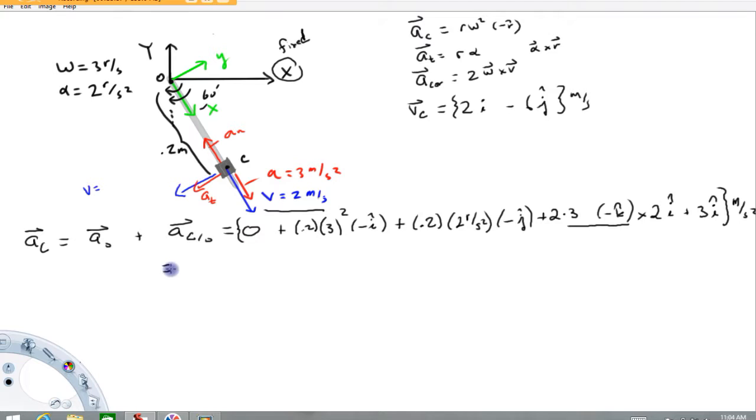All right, equals. I'm going to go ahead and clean this up. I've already gone through and calculated these values, so I'm just going to copy the values that I have here. Give me just a moment, I want to make sure I put these in the right place.